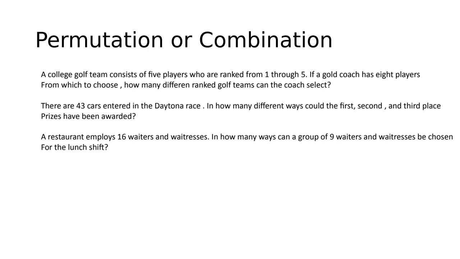Okay. So I have 3 examples, and we're going to work these out. We're going to try to figure out, first, are you working with a permutation or a combination? And then once we figure out what it is, we'll work them out together. So the first one: a college golf team consists of 5 players who are ranked from 1 through 5.